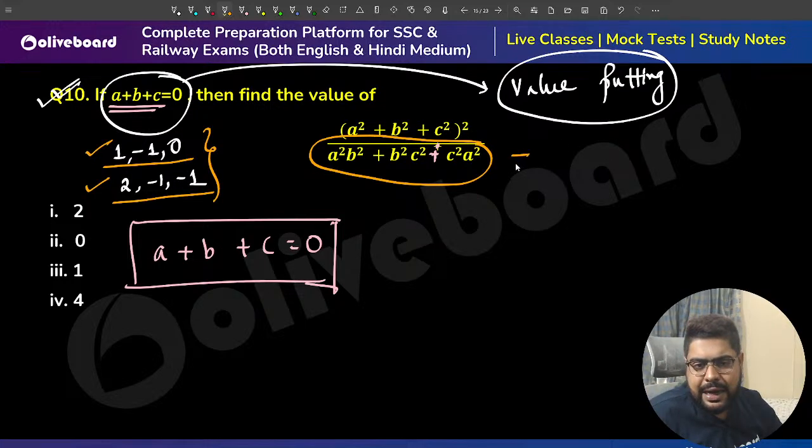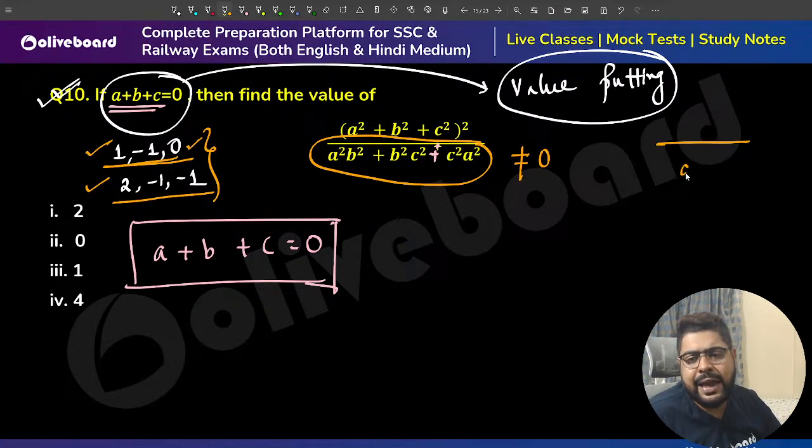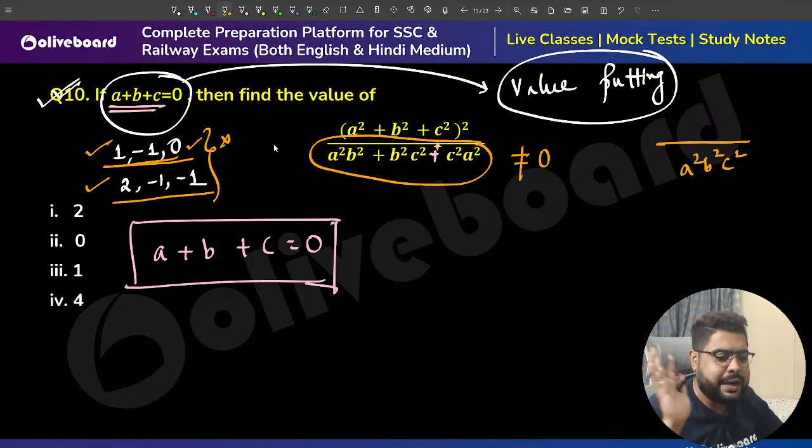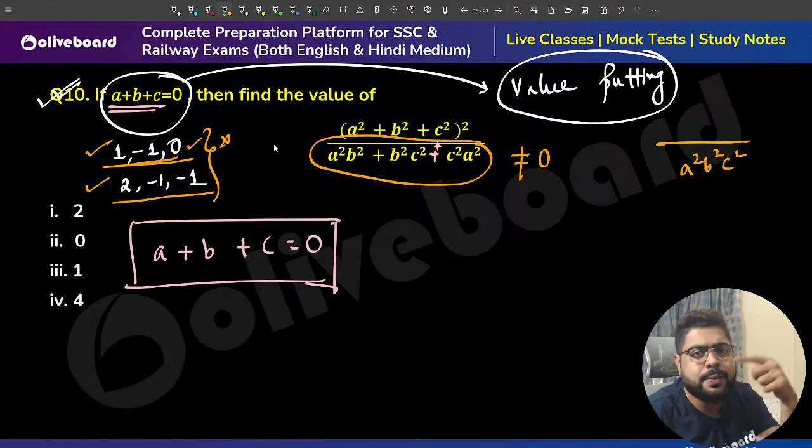If the denominator has a square, b square, c square, then I cannot take 0, because once I put c equal to 0, the whole thing is infinite or undefined. So with value putting, you need to use your brain a little bit. You cannot just blindly do it.